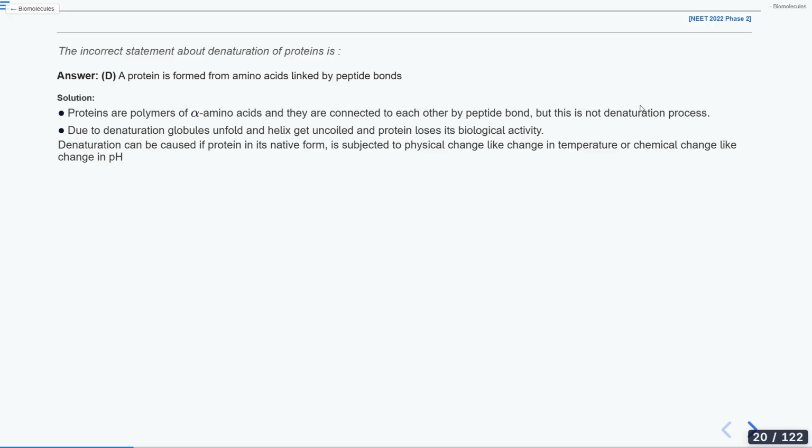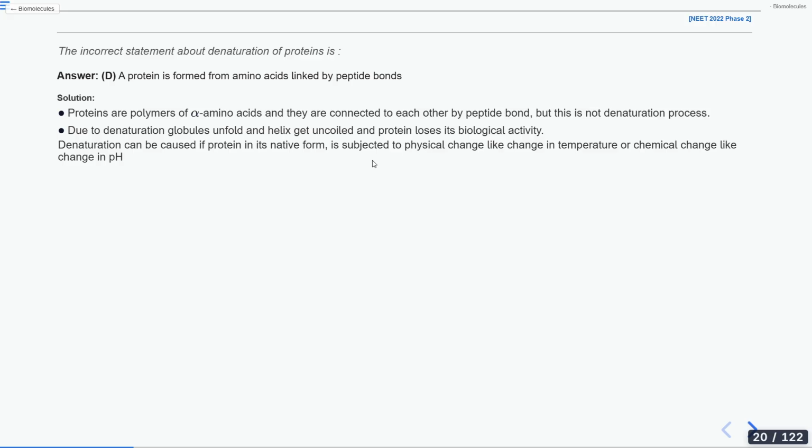So it is not a denaturation process. In denaturation, we break the secondary, tertiary and quaternary structure. We don't build the protein. And in case of denaturation, the globules unfold and helix gets uncoiled and protein loses its biological activity. Now, it can occur due to two reasons, primarily due to the pH change or due to the temperature change.